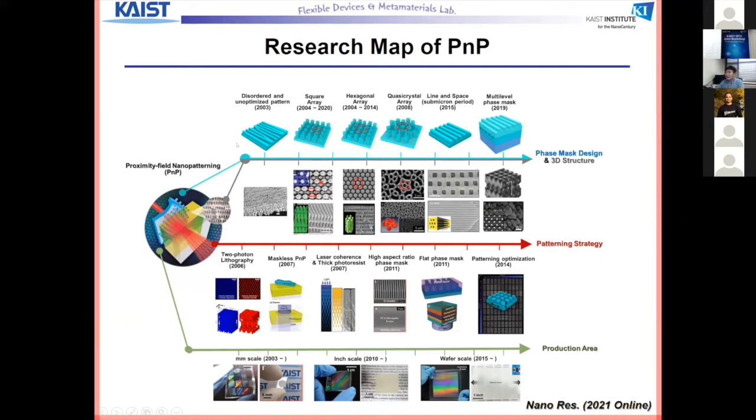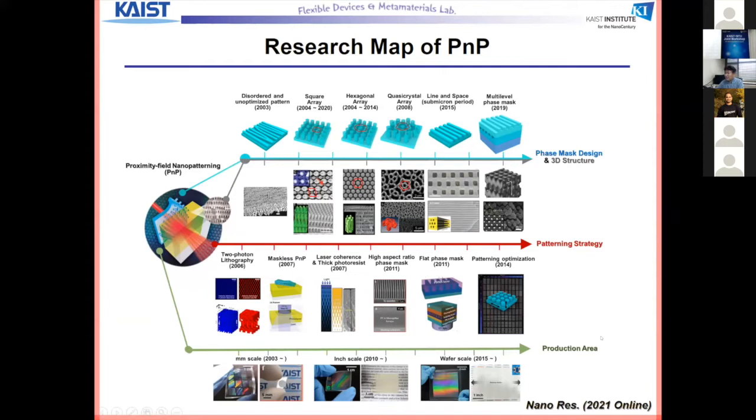We designed masks a lot, and not only the optics, we also work on materials and patterning strategies. We have developed this technique for almost 20 years.